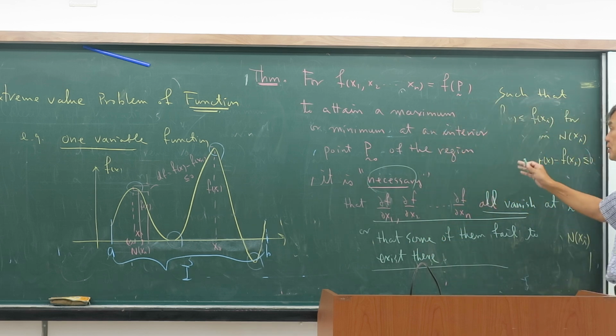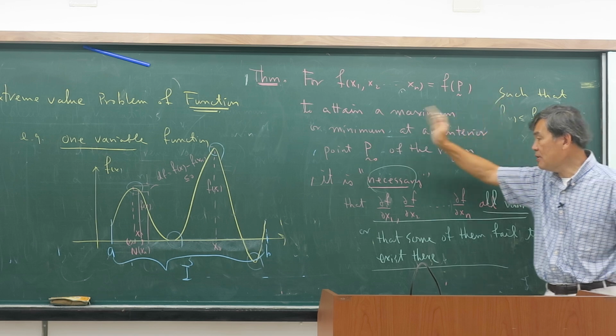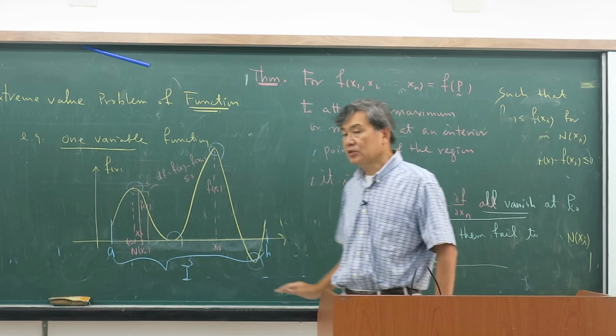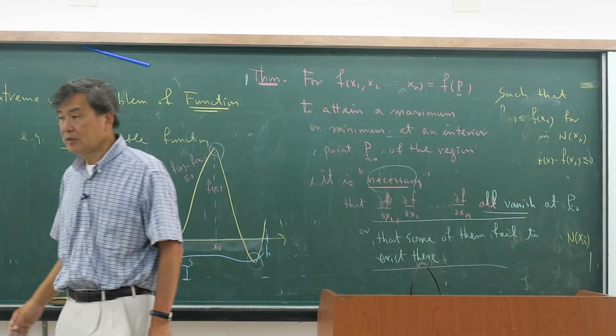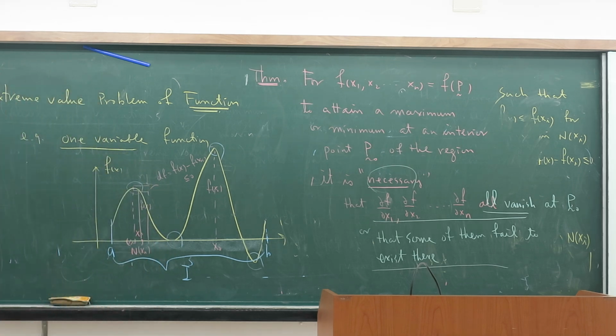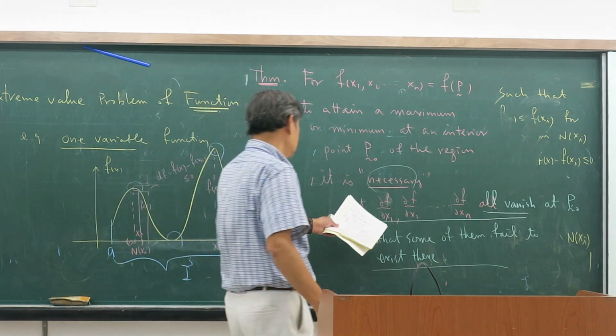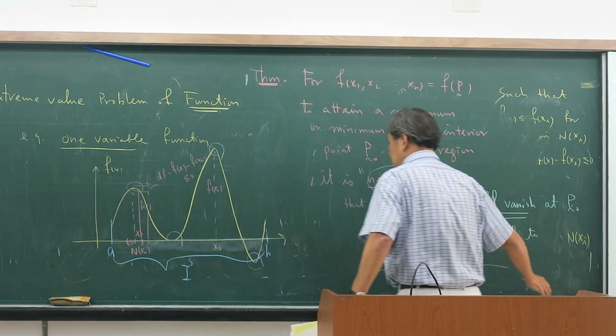So if it has a maximum or minimum, that means its first derivative at the point should vanish, or partially vanish.